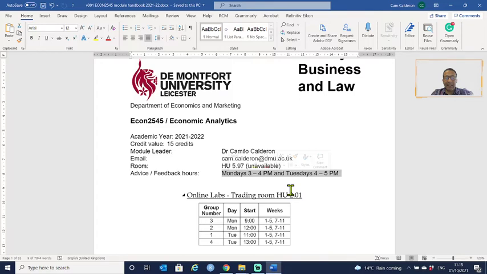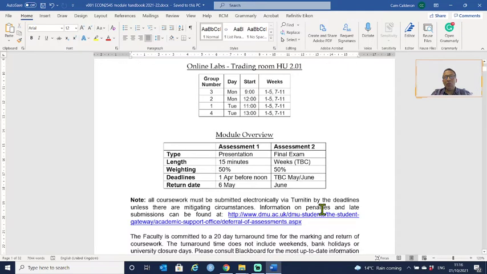and 1 p.m. This module has two assessments. The first one is presentation, which the length is about 15 minutes. The weight is 50%, and the deadline is going to be the 1st of April at noon. The second assessment is going to be a final exam.